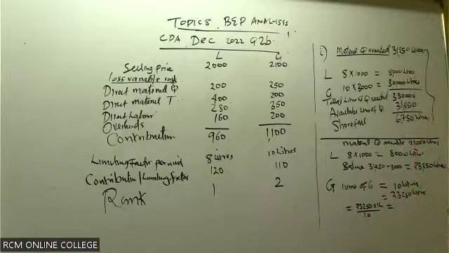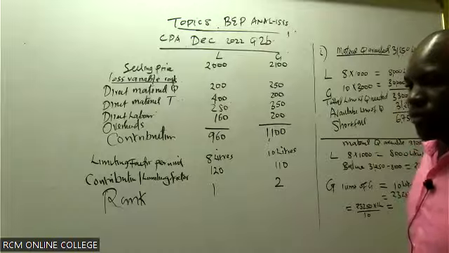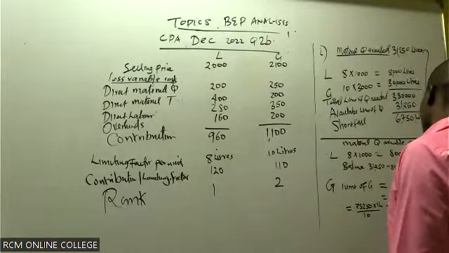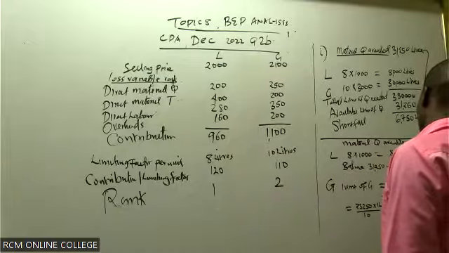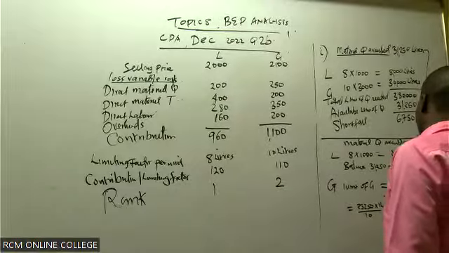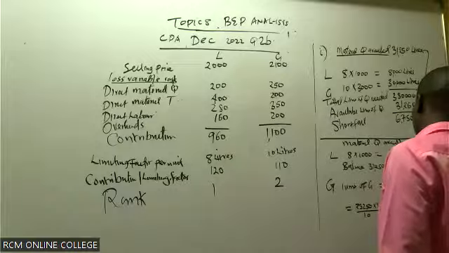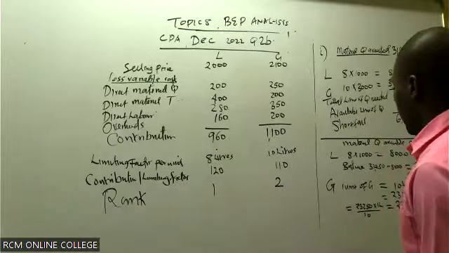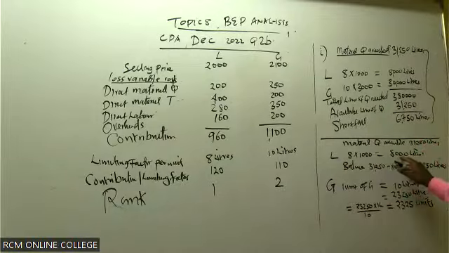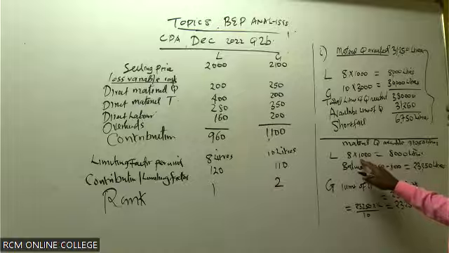How many units? 2,325 units. They will manage to produce 2,325 units of G and produce 1,000 units of L.